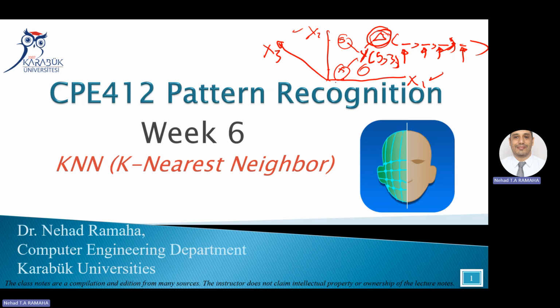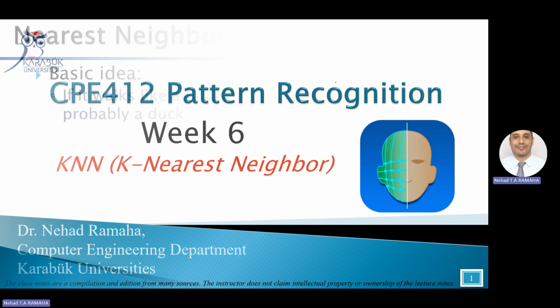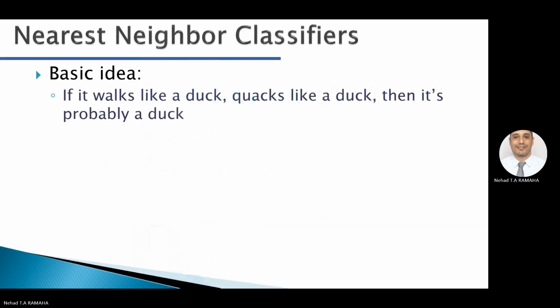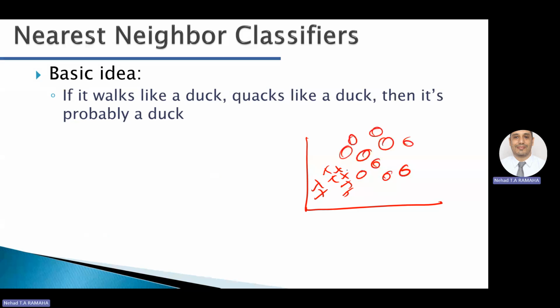Okay, which class? The basic idea is like this. Maybe we have too many data from this class, and from this class, okay. And we have this one, the new data.